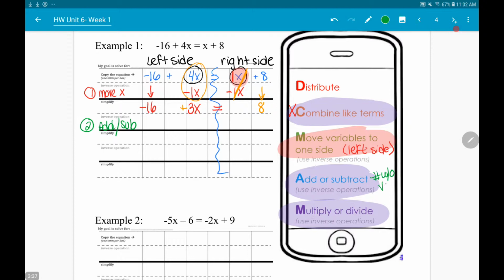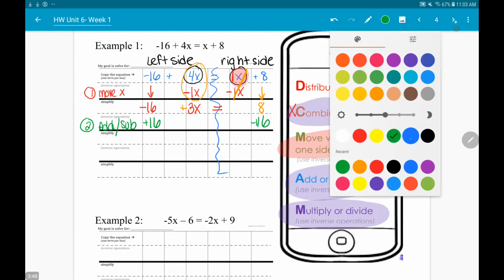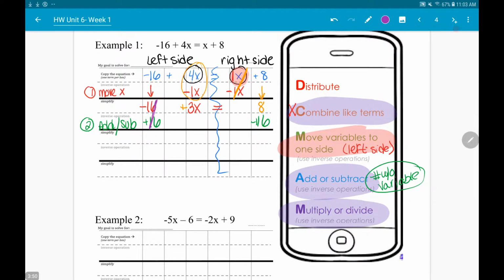Again, I'm writing that in over here on my phone. And I see a 16, it's negative, so I'm going to do the opposite, which is to add. I cancel. I bring down. And I go back to solving. So I have 8 take away 16, that's negative 8.